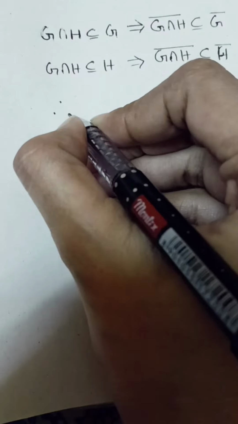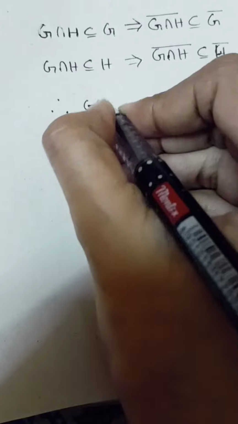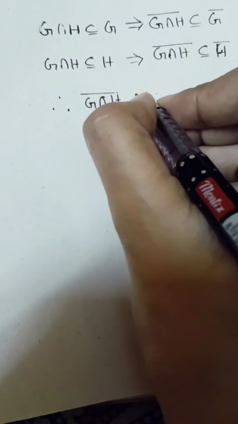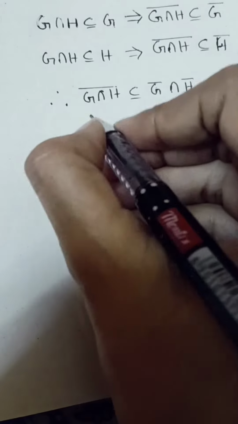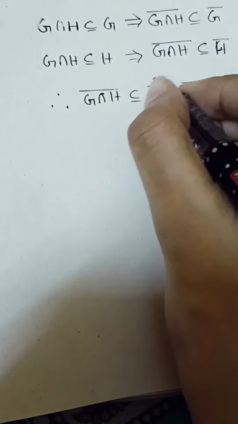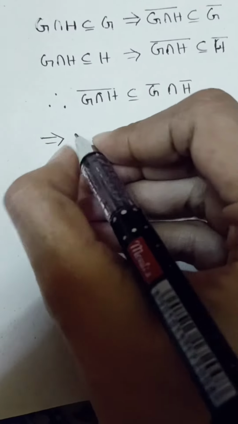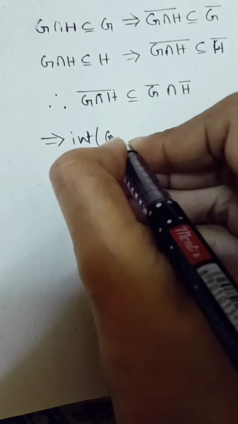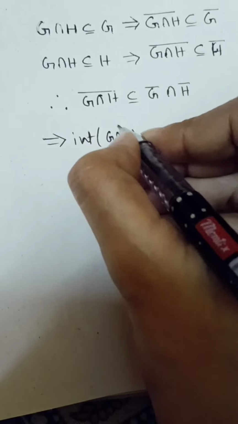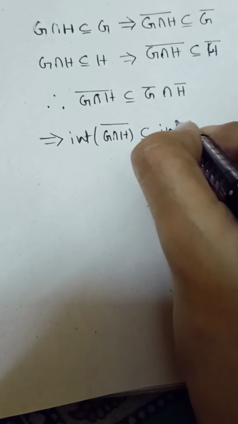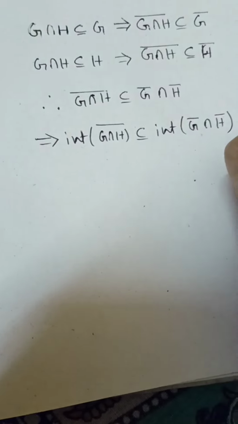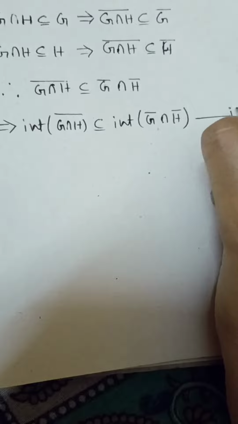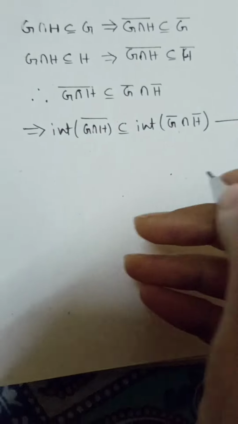Therefore, combining these two, we get that the closure of G intersection H is a subset of G bar intersection H bar, and since this is a subset of this one, we can conclude that the interior of the closure of G intersection H is a subset of the interior of G bar intersection H bar. So this is number 1.